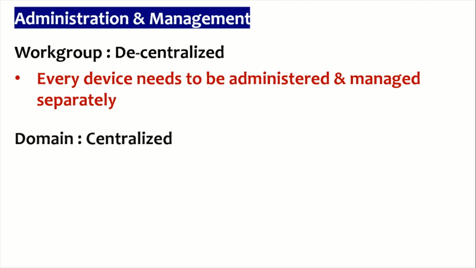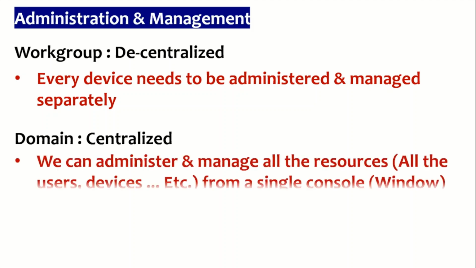But a domain network always has centralized administration and management. It means we can administer and manage all the resources, all the users, devices, etc., from a single console or a single window. So everything is centralized in a domain environment compared to decentralized in a workgroup environment.